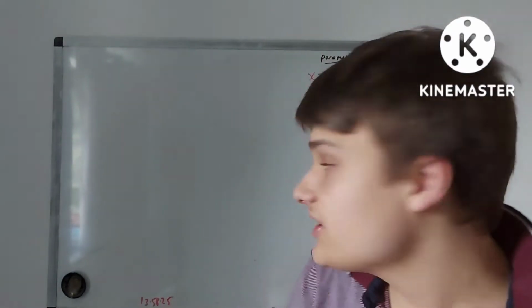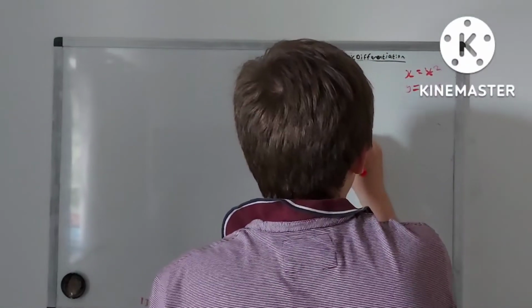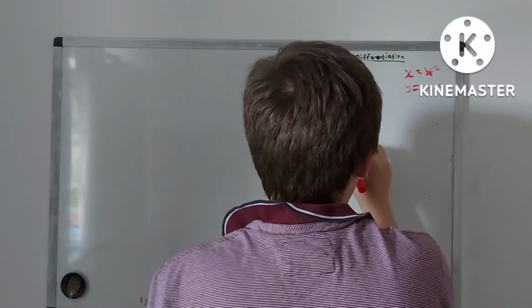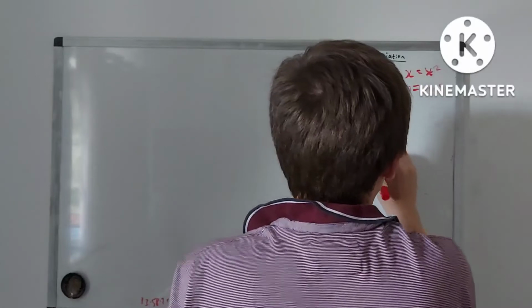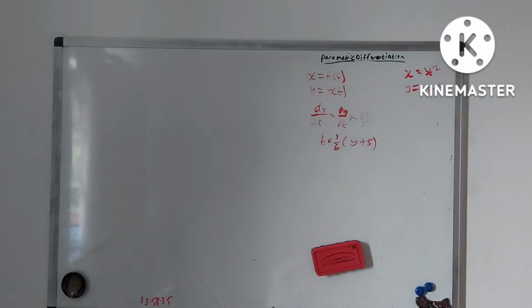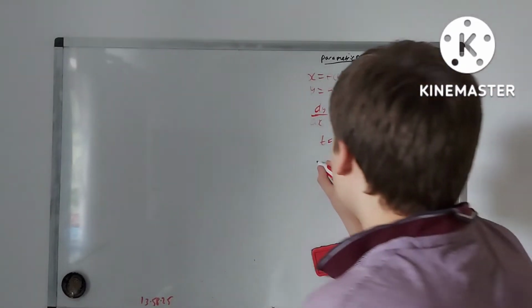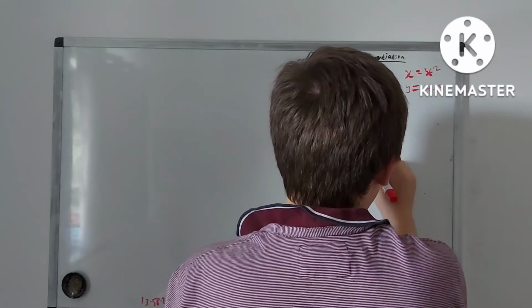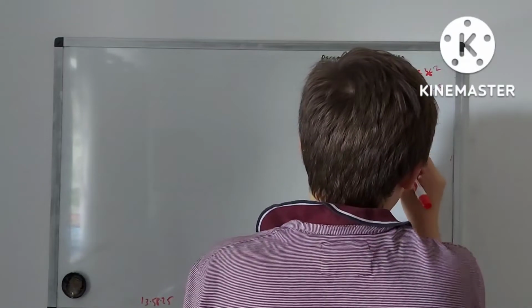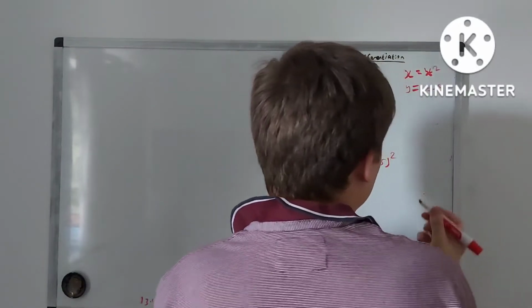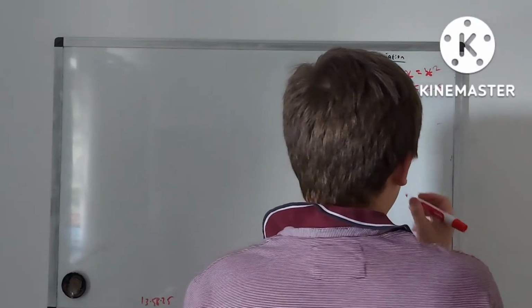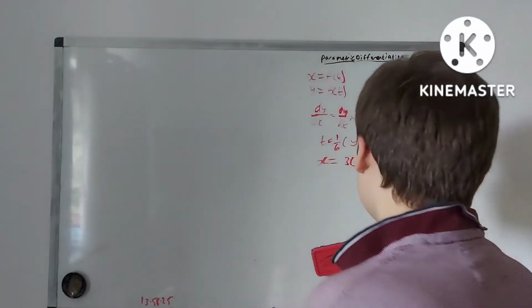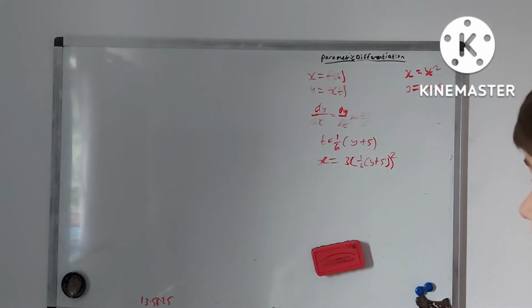If I go ahead and substitute one variable into there, then t is 1/6 of y plus 5. I can do it that way and I can show you that way. We'd have x equals 3 lots of 1/6 y plus 5 squared. I have to go ahead and expand that one.